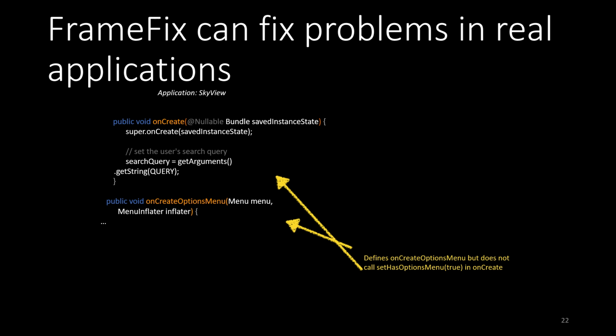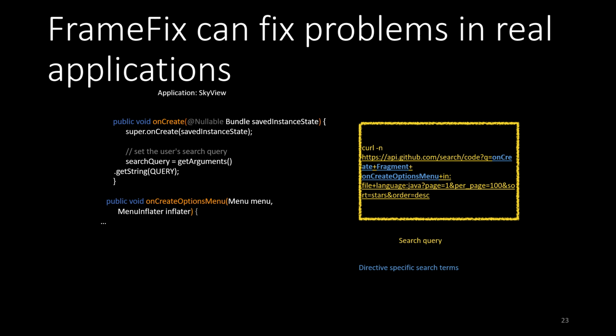So shown here is an application, SkyView, taken from F-Droid, an open source Android marketplace. This application defines the onCreate method and the onCreateOptionsMenu method, which defines how an options menu should be shown, but it doesn't actually call the code to show that options menu in the onCreate method.